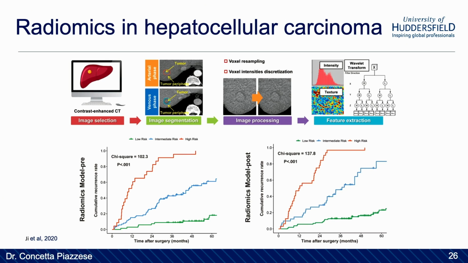These plots are very similar to the one I showed you a moment ago, but in this case, as you can see, these lines are totally separated from each other. And also the 3 lines were obtained by actually using radiomic information. In this case, radiomics was able to identify patients that were more likely to have the cancer back after surgery.